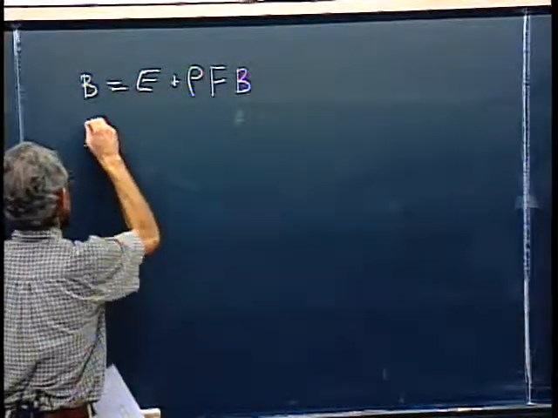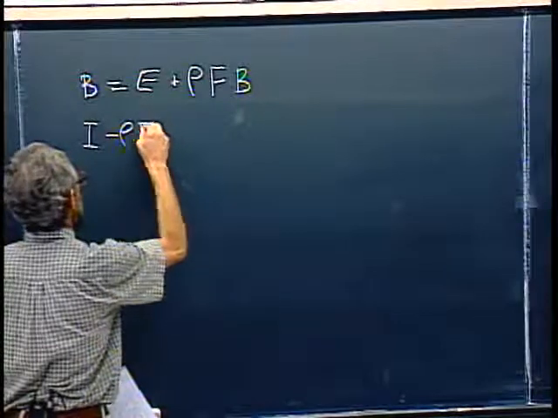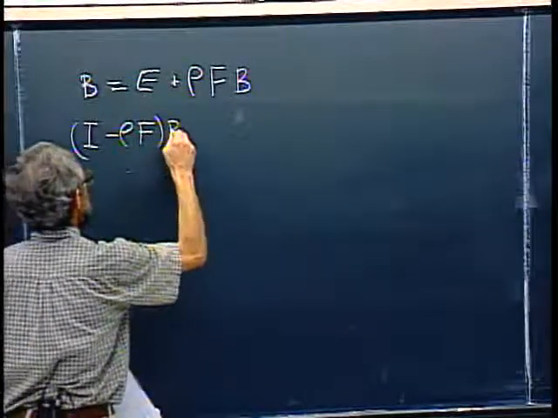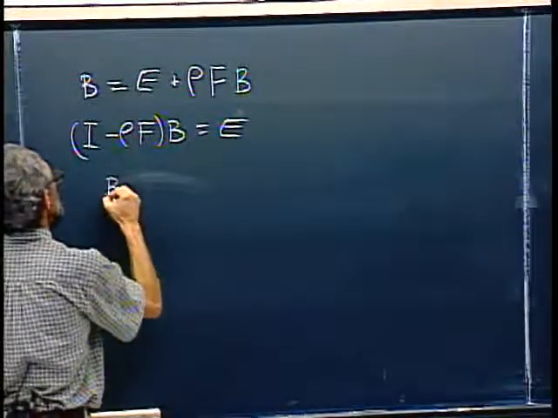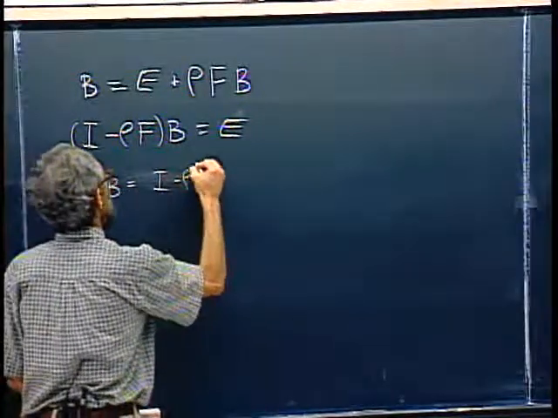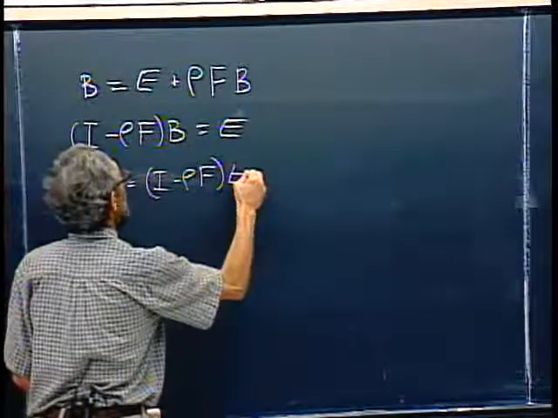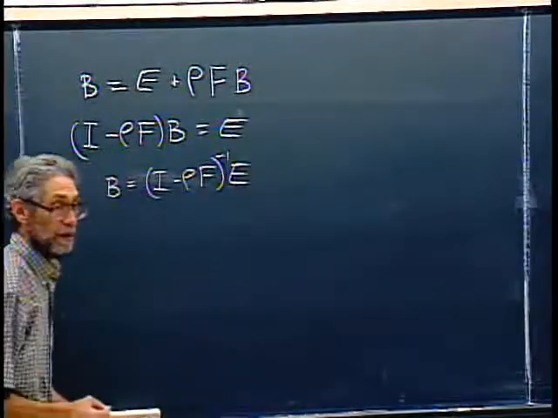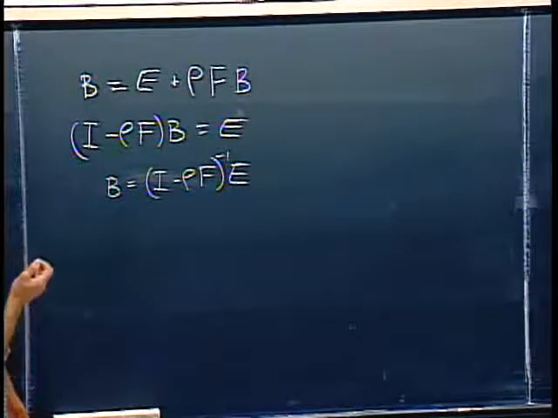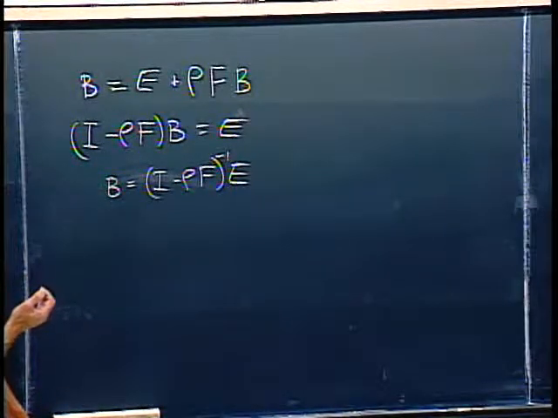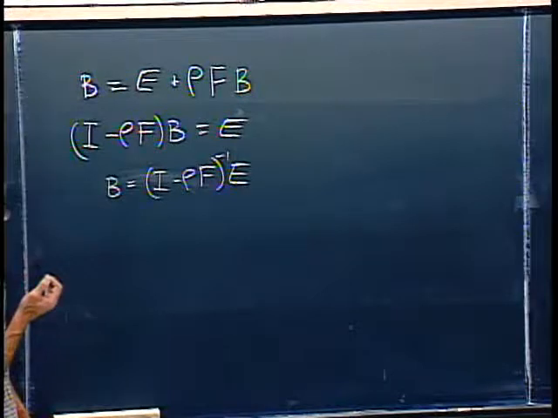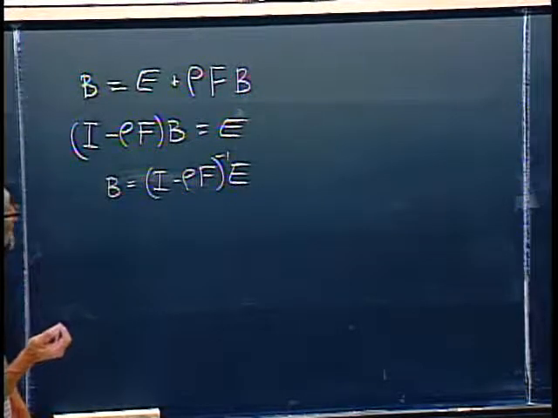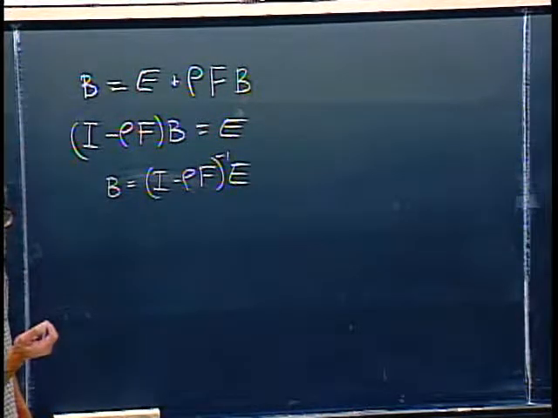The identity matrix minus row F multiplied by B equals E. And so in this system of linear equations, B is just the identity minus row F inverse multiplied by E. Or you could use any other method of solving linear equations that maybe was iterative, or Gaussian elimination that didn't specifically require you to compute the inverse as part of the solution. So it's just a set of linear equations.